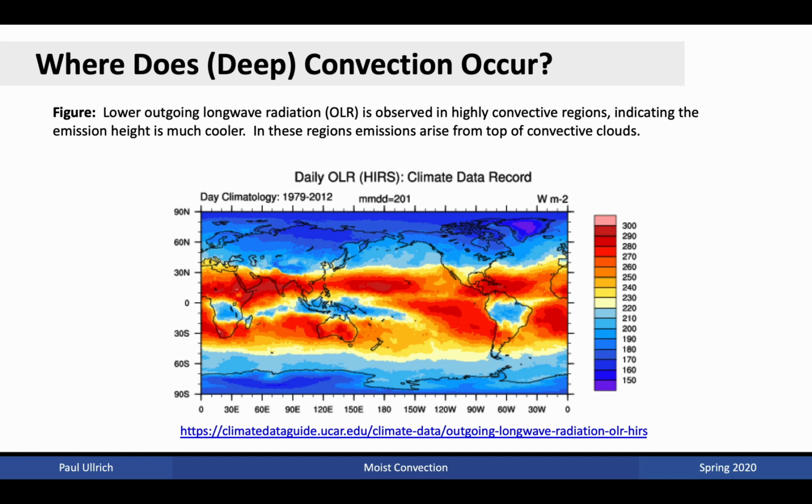Nonetheless, there are three very patchy areas across the equatorial band where we have very low outgoing long-wave radiation. These are the regions which are associated with very low emission temperatures, and are also the regions where we have strong convection. The strong convection within these regions then produces a lower outgoing long-wave radiation because of the emission coming from the cloud tops.